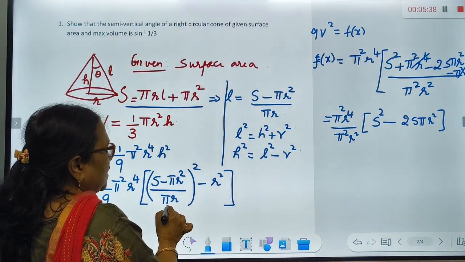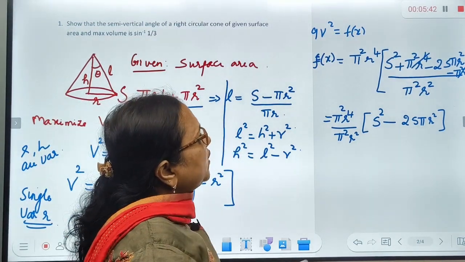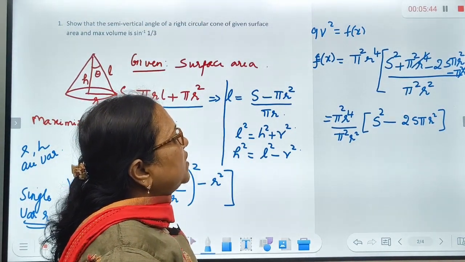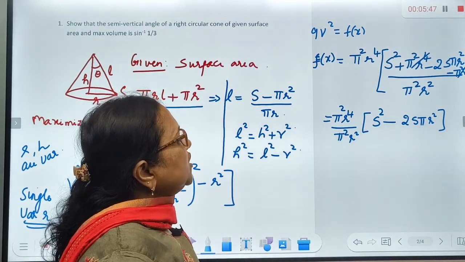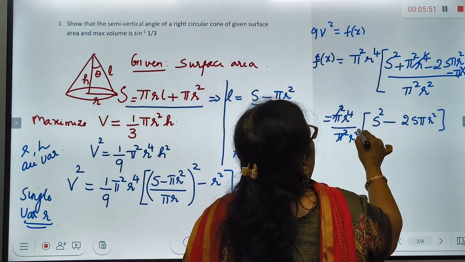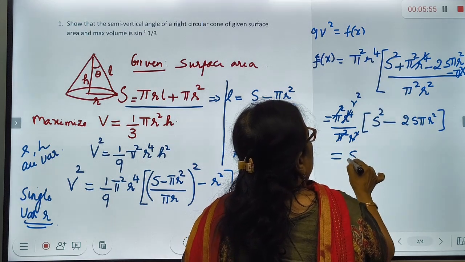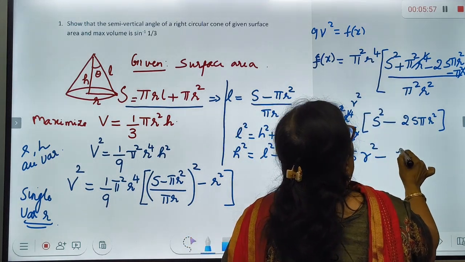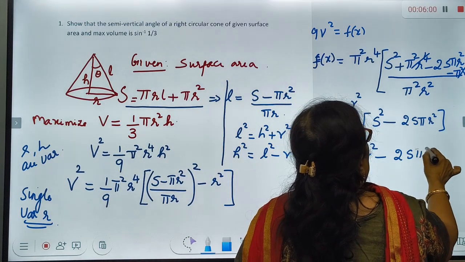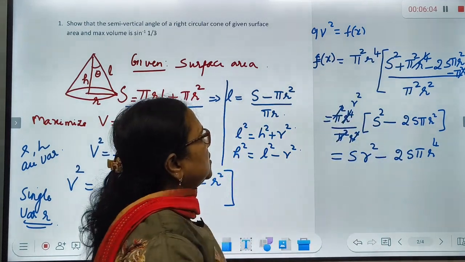So pi square r power 4 gets cancelled, giving you s square minus 2s pi r square. Now here pi square gets cancelled, 1 r square gets cancelled, giving you r square. So this is s square r square minus 2s pi r power 4.